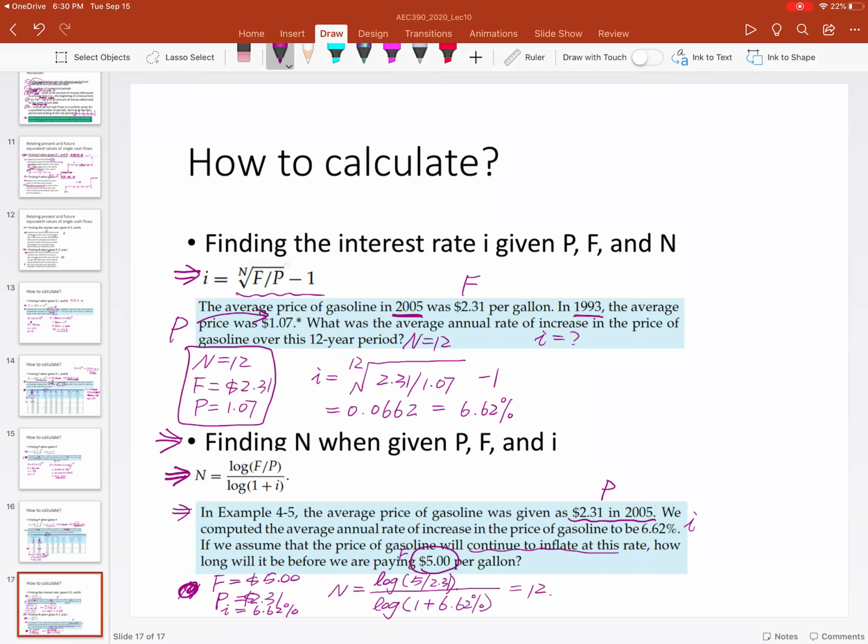So if you calculate this, that will give you 12.